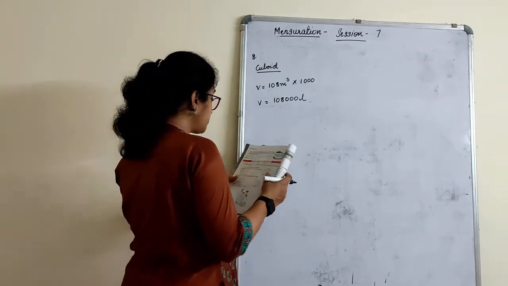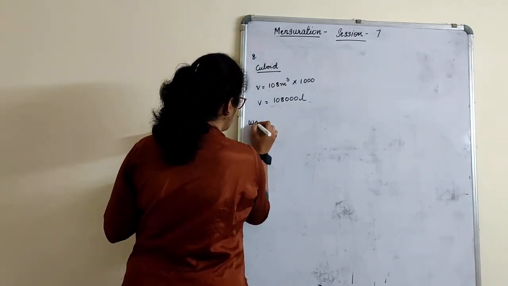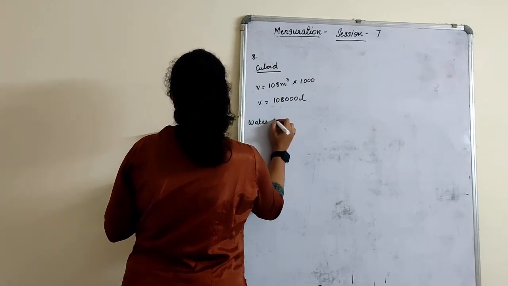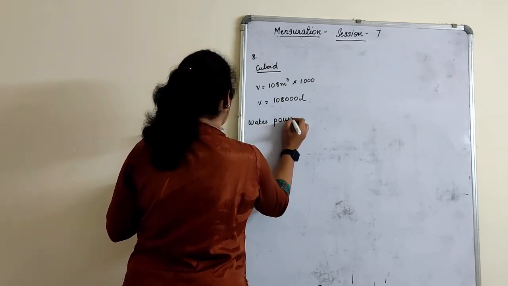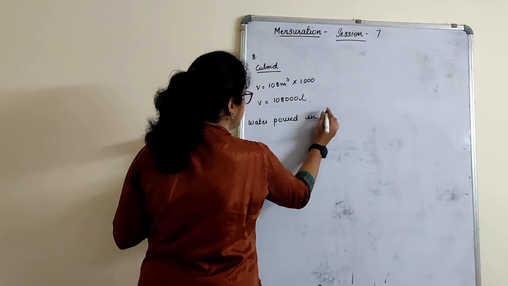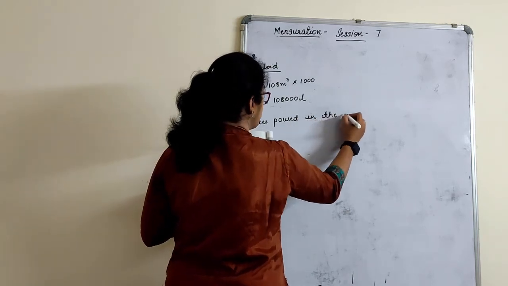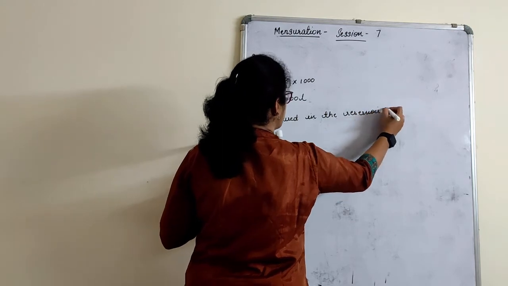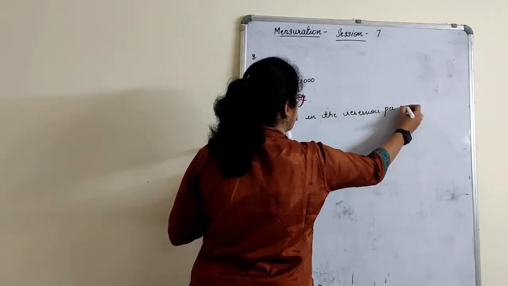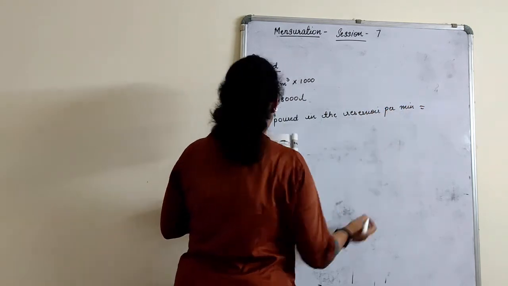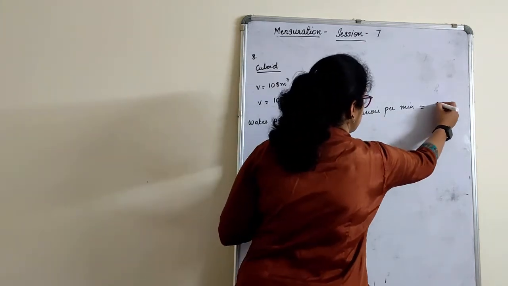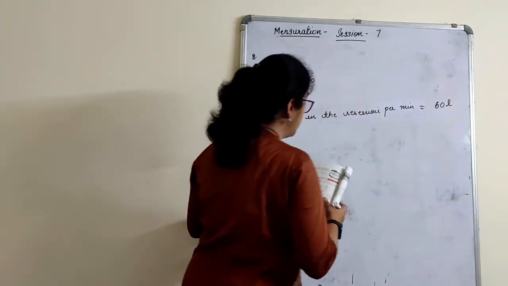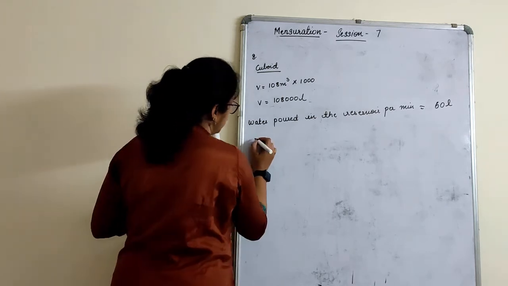Next part, water poured in the reservoir per minute is equal to how much? 60 liters. That is why we converted that in terms of liters.